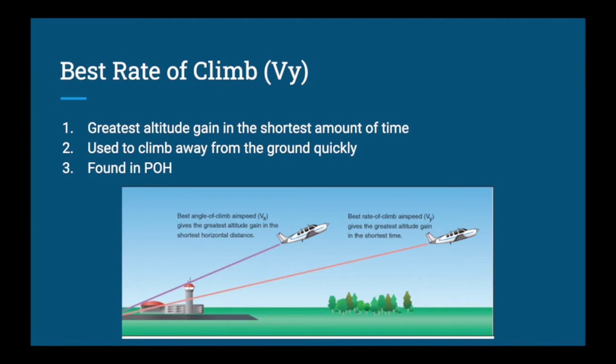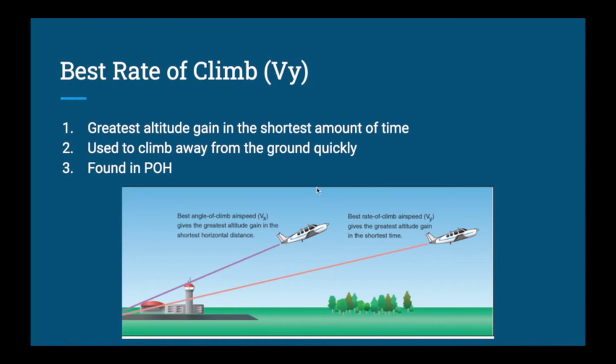Normally when we're climbing to altitude, we want to do it quickly. So we'll climb at VY initially after takeoff, just to get some space between us and the ground if there's no obstacles. Once again, it is found in the POH. You look under section 4 and it would be listed in the normal procedures.